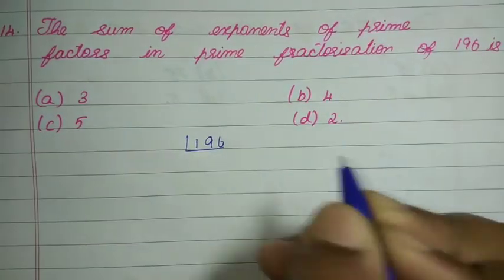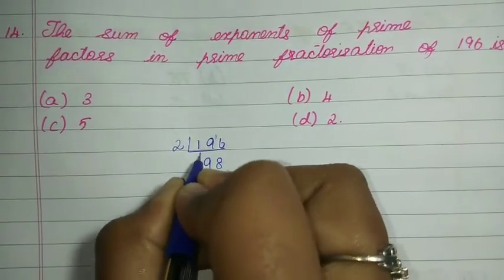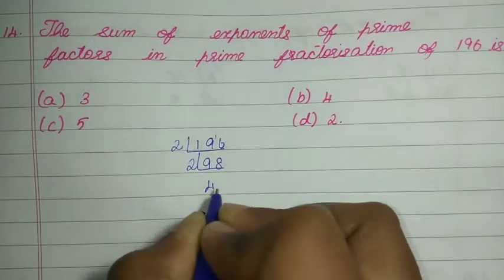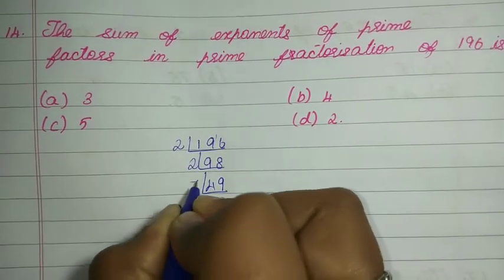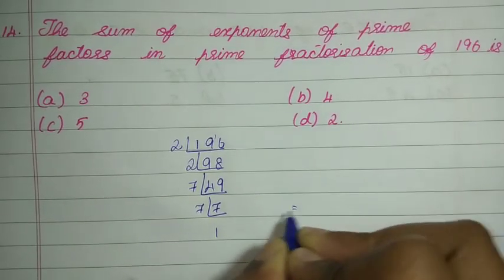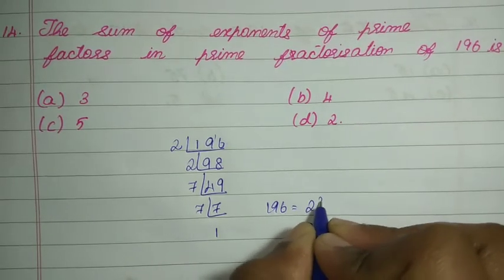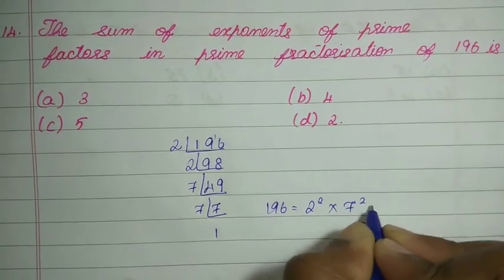Let me go with two tables. 2, 98. 2, 49. 7, 7. 7, 1. So the prime factorization of 196 is 2 square into 7 square.